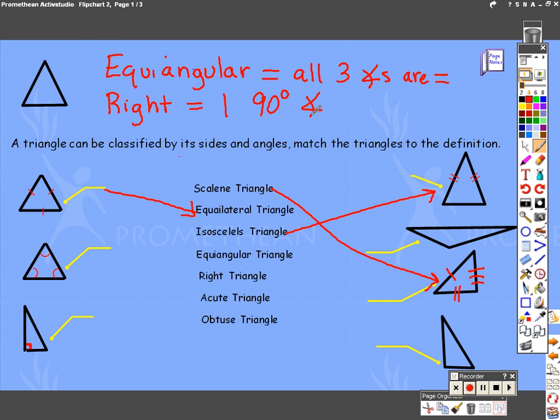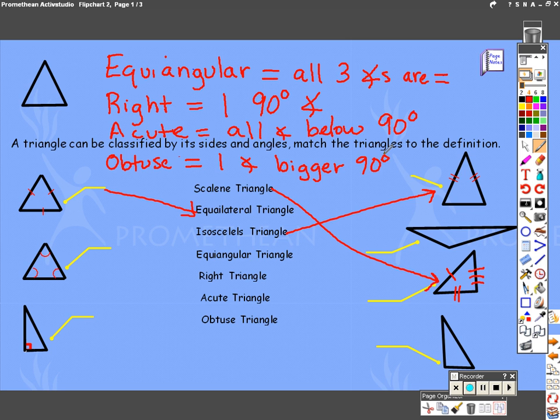One of my angles is 90 degrees. I have acute. And acute means all angles below 90 degrees. And finally, I have an obtuse triangle, which means one angle greater than 90 degrees.